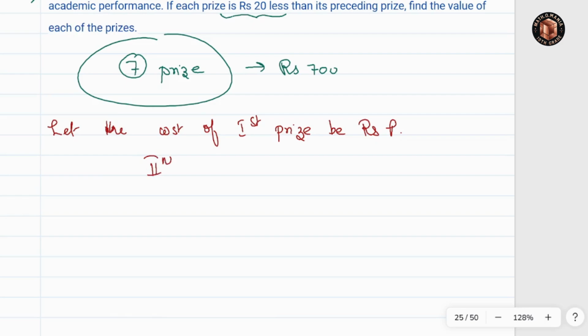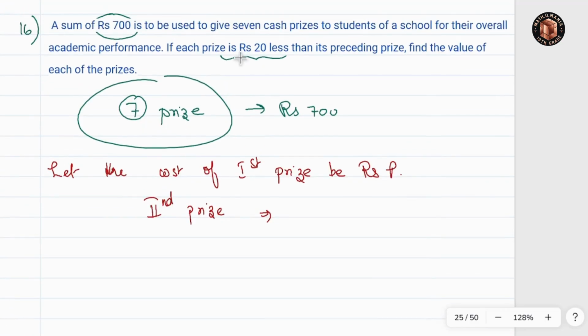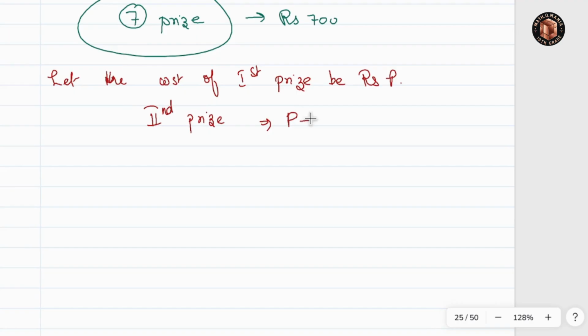Therefore, the second price will be what? Here they have given that it will be 20 rupees less than the preceding price, means P minus 20. Then the third price will be again, from the second price we have to reduce 20 again.